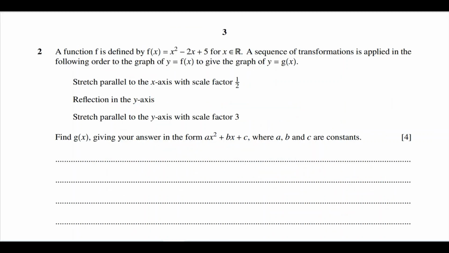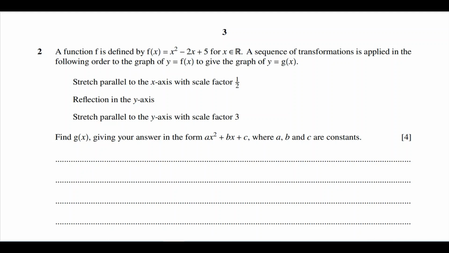g of x equal to x square minus 2x plus 5. A sequence of transformations is applied in the following order to the graph y is equal to f of x to give the graph of y is equal to g of x. Stretch parallel to the x-axis with a scale factor of 1 over 2, reflection in the y-axis, stretch parallel to the y-axis with scale factor 3.